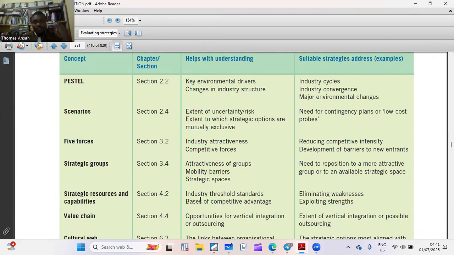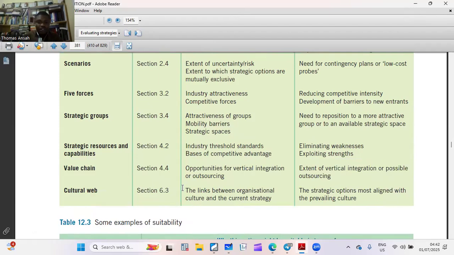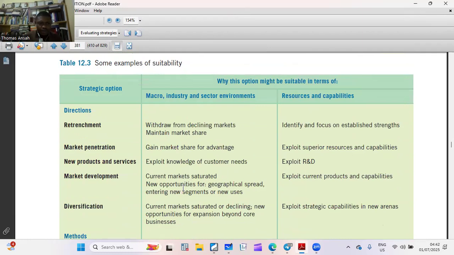So how you interact. So everything that we've done, assessing value chain, we've done all those things. The culture, so that how you interlink different cultures. These are some examples of suitability.